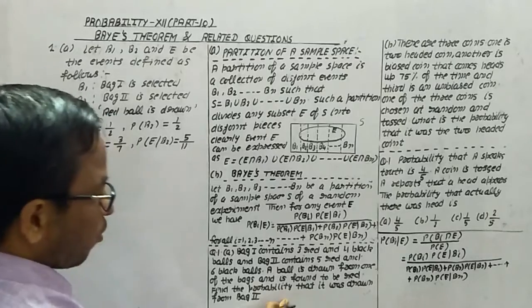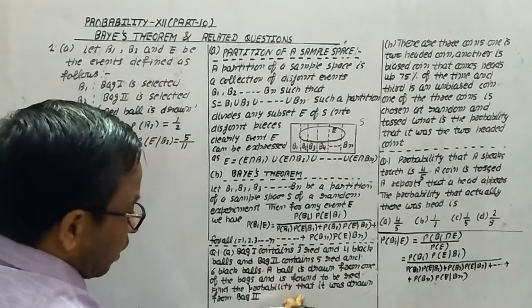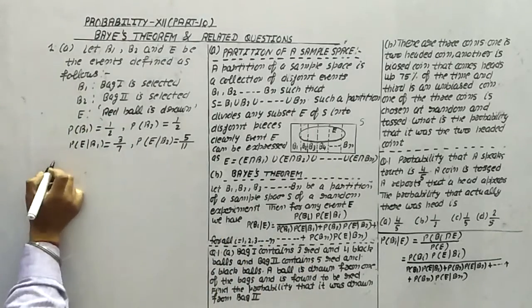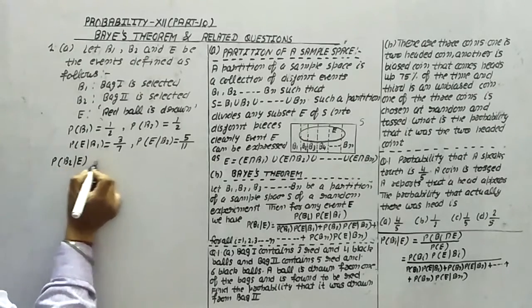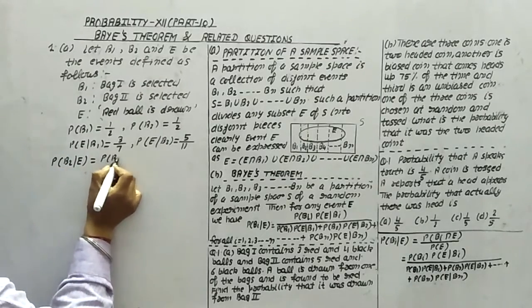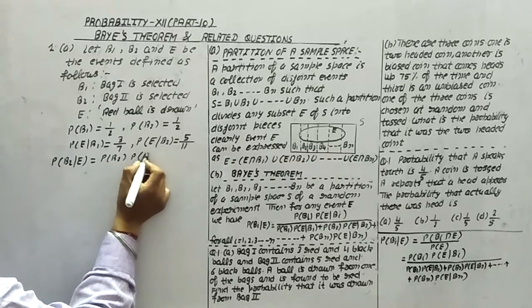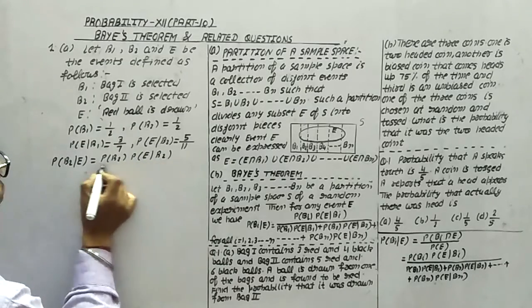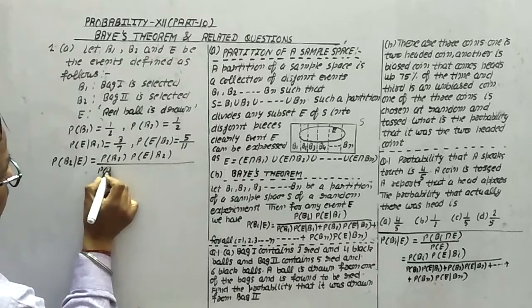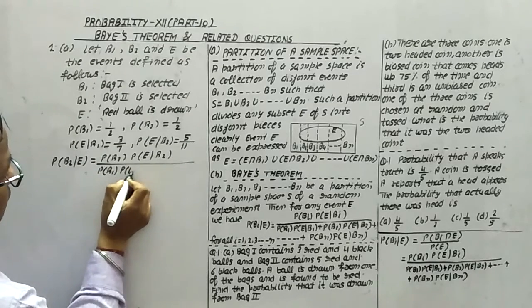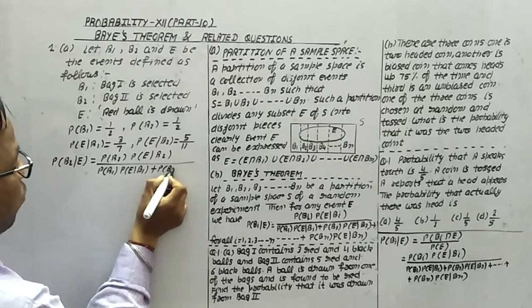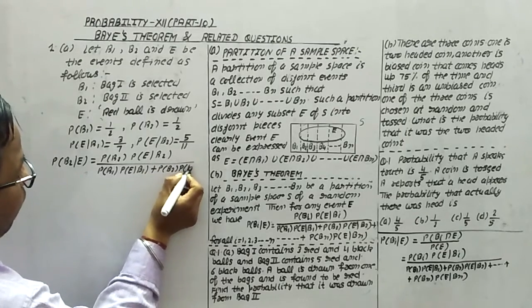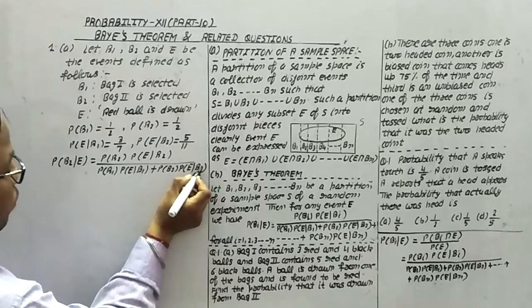Now we have to find the probability that it was drawn from bag 2. It means we have to find out probability of B2 given E, and it is given by probability of B2 into probability of E when it is selected from B2, upon probability of B1 into probability of E when it is selected from B1, plus probability of B2 into probability of E when it is selected from B2.